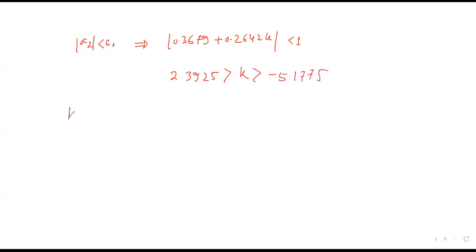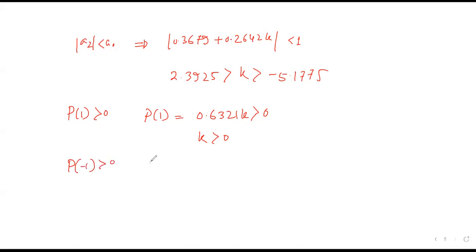And the second condition, that is P(1) should be greater than 0. If we apply that, plug in the value of 1 and simplify a bit, we are going to get 0.6321K greater than 0. It gives eventually K greater than 0. And the third condition, P(minus 1) should also be greater than 0.